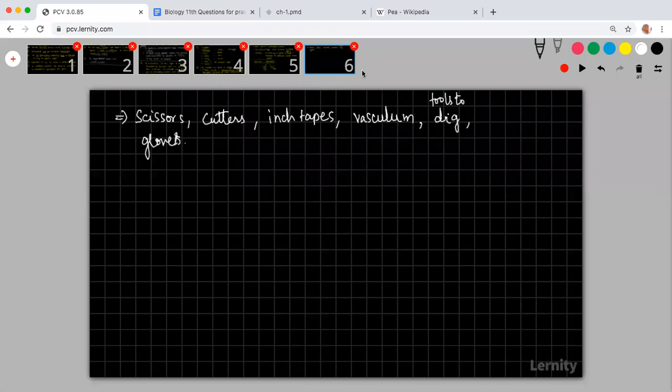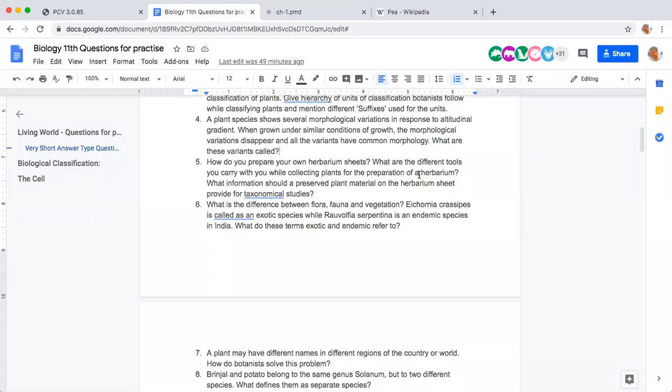So these are all things that you can carry with you. What information should be preserved? That part you should know. I think I have given the name of the collector, name of the plant, common names, the location where it is found, the date, and all those things. So that fifth question, you should be able to do it.